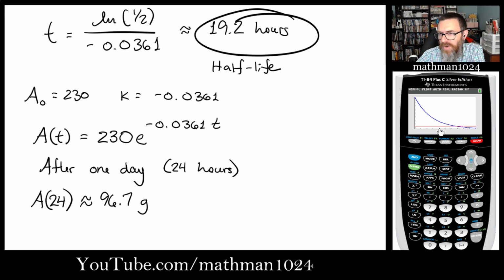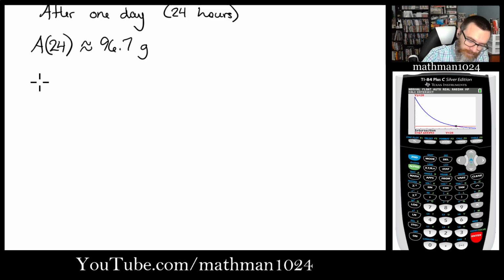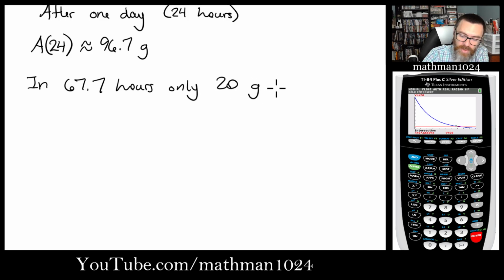So 1, 2, 3, 4, 5, 6, almost 7. I'd say like 68 or 69 hours. Let's calculate the intersection: first graph, second graph, guess, good enough. And we see here that in about 67.7 hours, only 20 grams will remain.